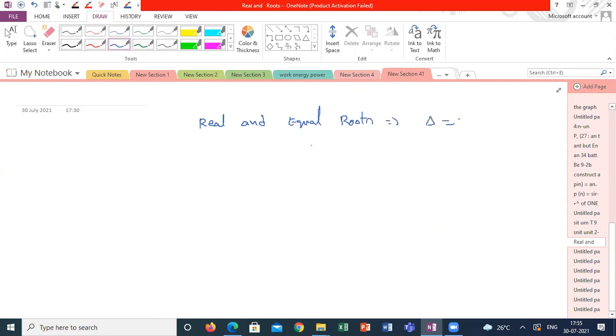If delta is equal to 0, that is, b square minus 4ac is equal to 0, that is, the discriminant is 0, then the roots are real and equal. Is it clear, guys? What is meant by nature of roots?